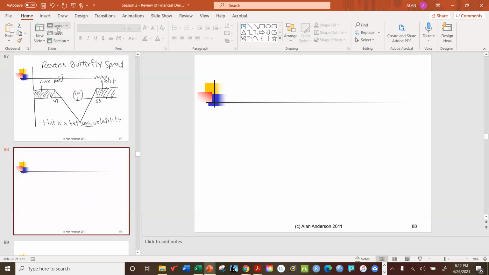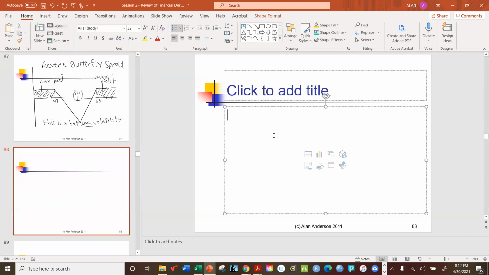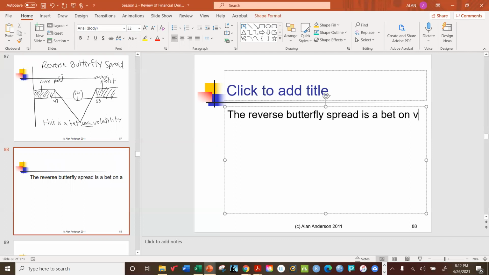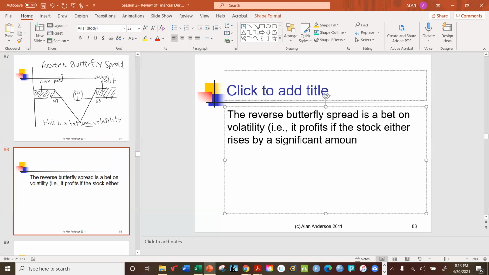Okay, so the reverse butterfly spread is a bet on volatility, i.e. it profits if the stock either rises by a significant amount or falls by a significant amount.